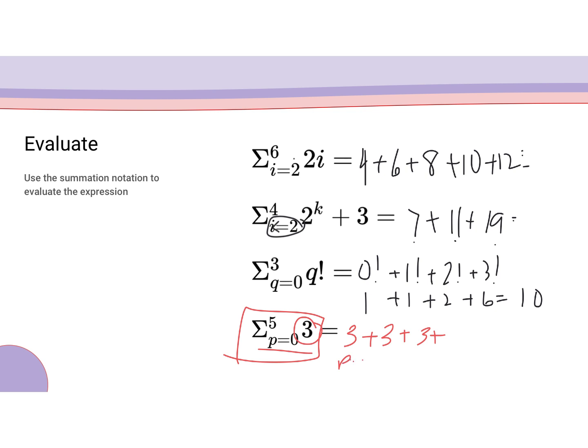If p equaled 3, if p equaled 4, and if p equaled 5. Just because there's no variable doesn't mean we can't apply the summation. It's just, if p was to equal 0, 1, 2, 3, 4, 5, what would be the value? It would be 3 every single time. So we add it every single time.